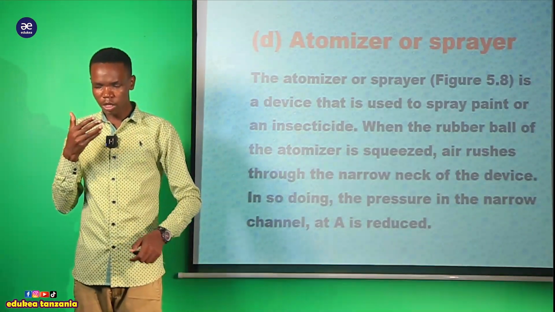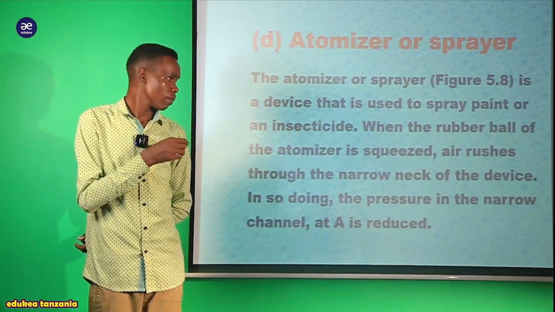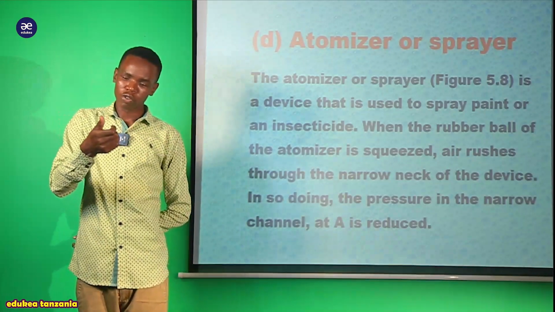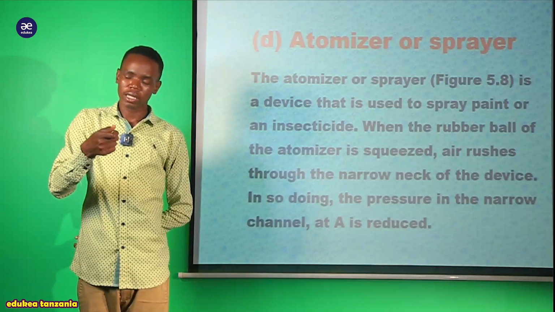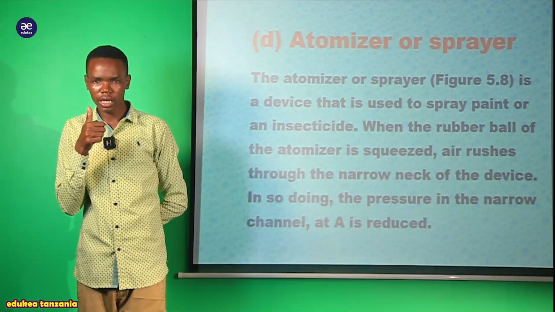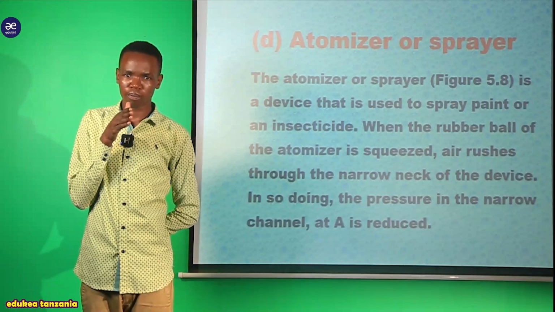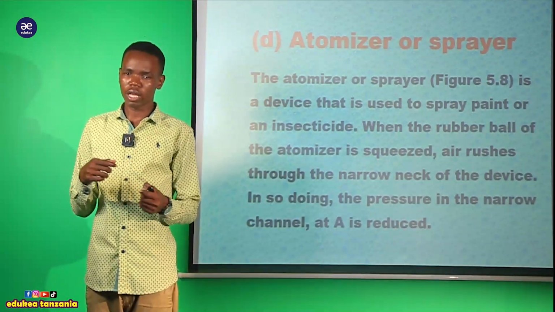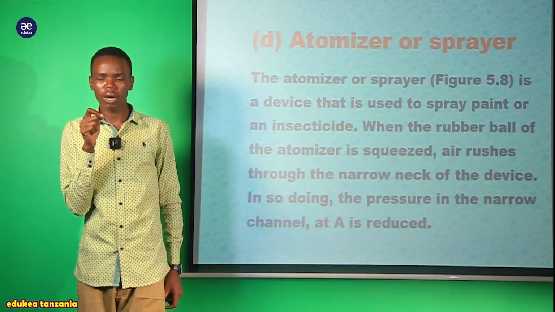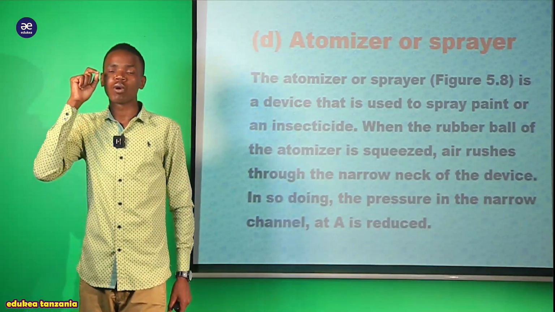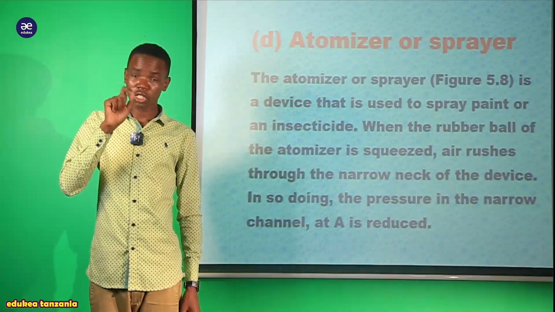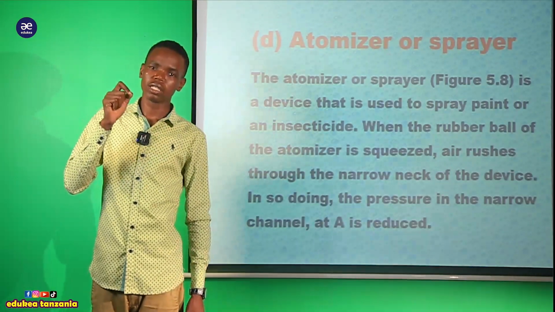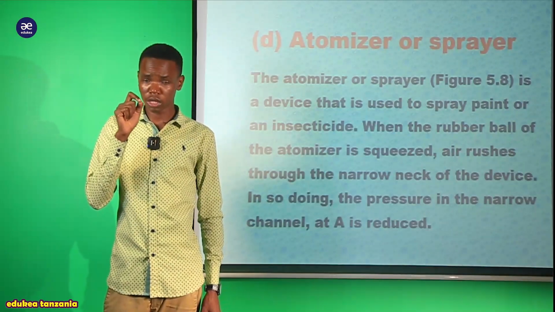Ukikandamiza ile rubber ball, if you squeeze that rubber ball, my dear student, it can cause the air to rush through the narrow neck. Mwisho wa siku utakuwa unaiona ile spray inavyokuwa inatoka. Kumbuka inatoka na pressure kubwa sana, kwa sababu sehemu inayotokea pale kwenye neck, there is a small area, there is a small cross section area.